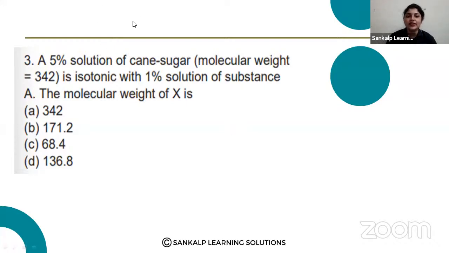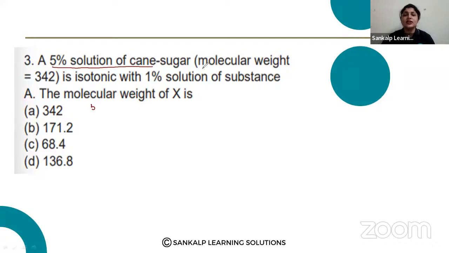Now, just now we have seen how to write such 5% solutions. So there are two solutions. First we'll discuss what all is given. One solution is of known concentration, another solution is of unknown substance.